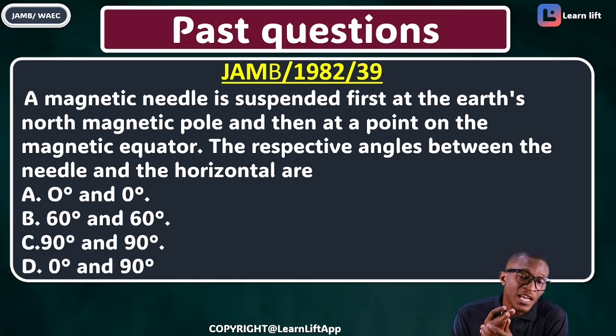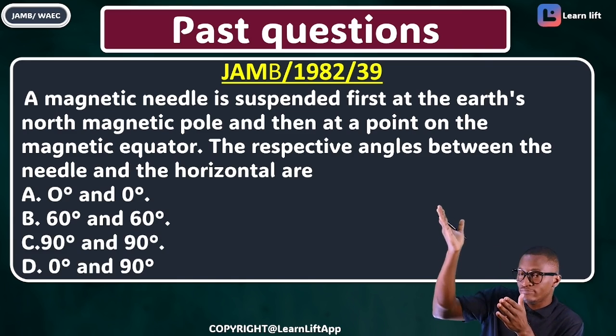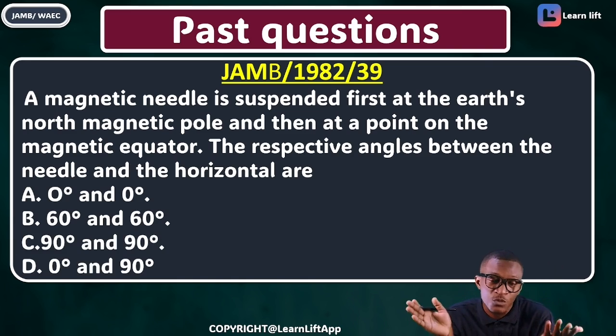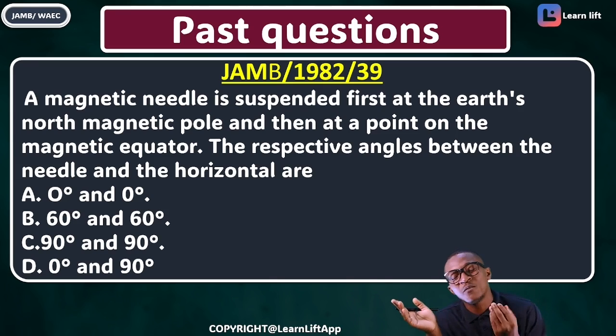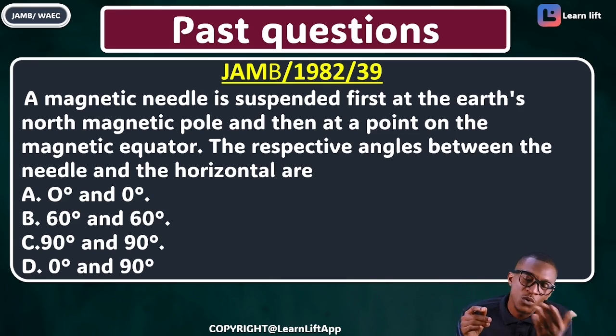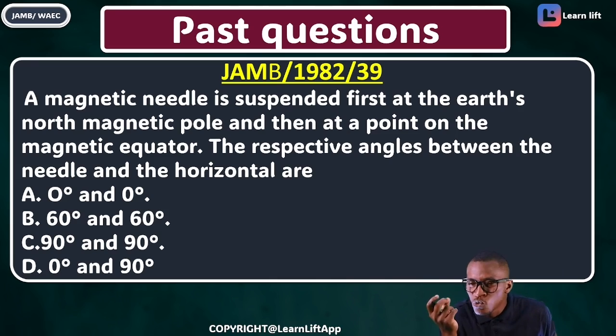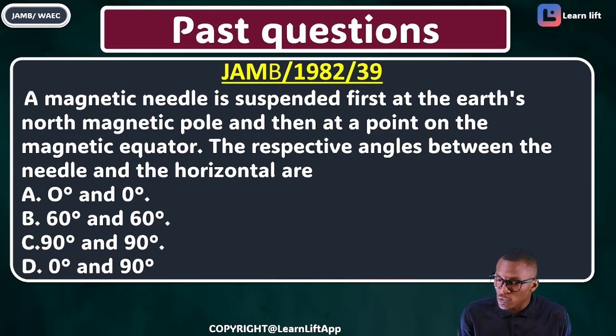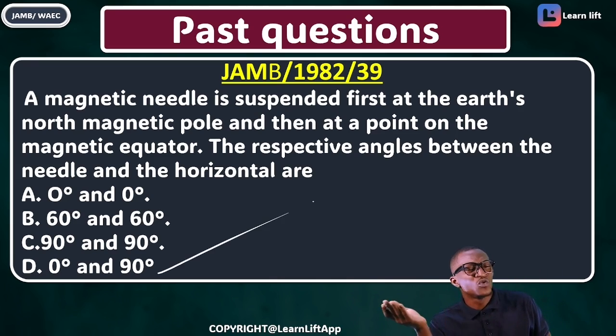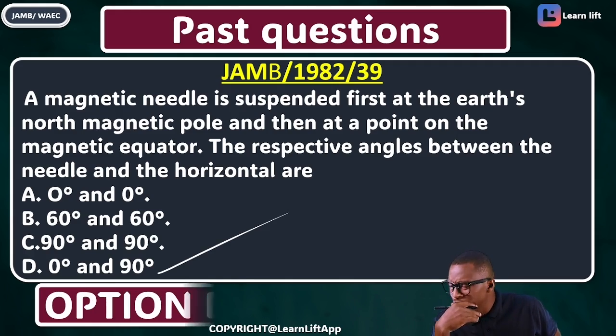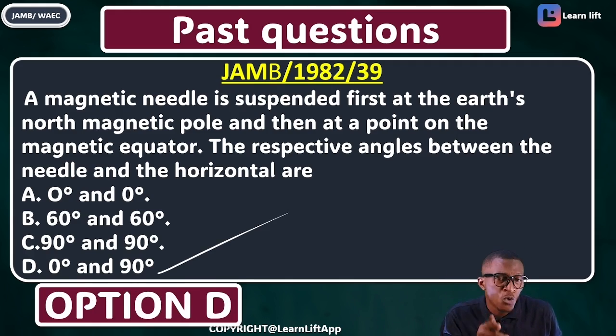They are talking about the angle between the horizontal and the magnetic field, that's the angle of dip. And we said the angle of dip is 0 at the equator, while at the poles it is 90, making option D the answer. I hope you got it.